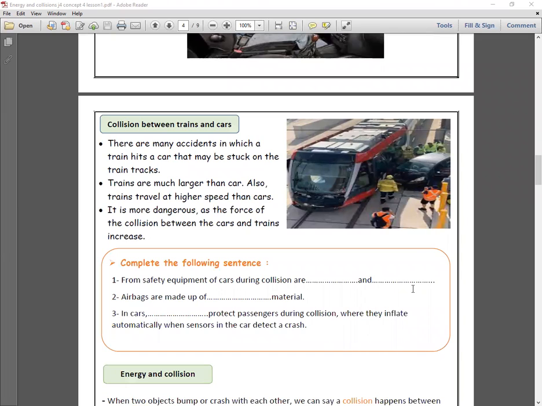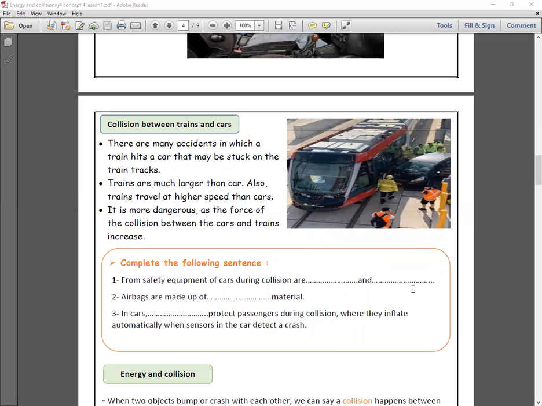Collision between trains and cars. I think maybe most of us have seen this accident before. The train starts to move on its path, and after that the driver finds that there is a car or some other vehicle hitting it or stuck on its path, so they have an accident, and it will be one of the most dangerous accidents because we are comparing two objects.